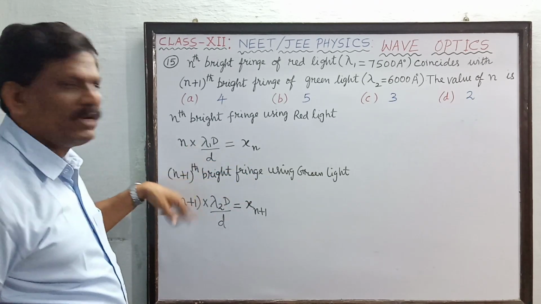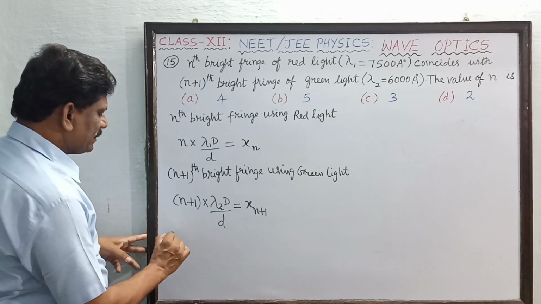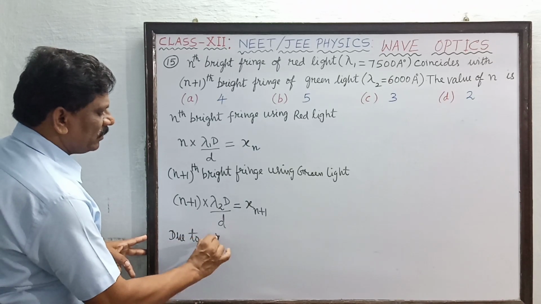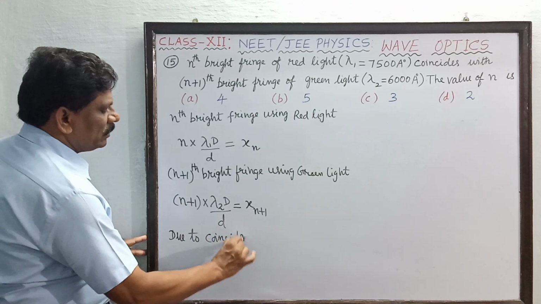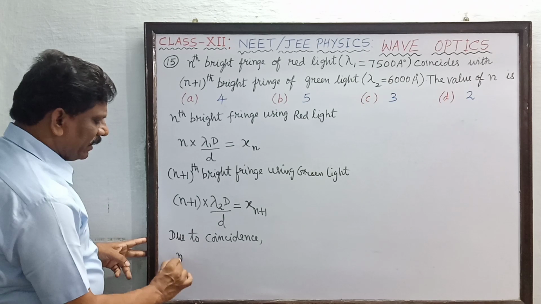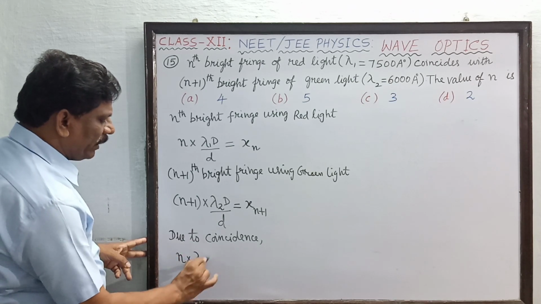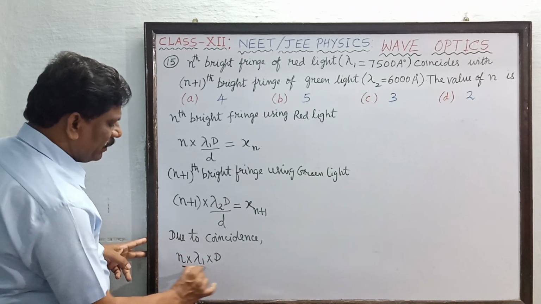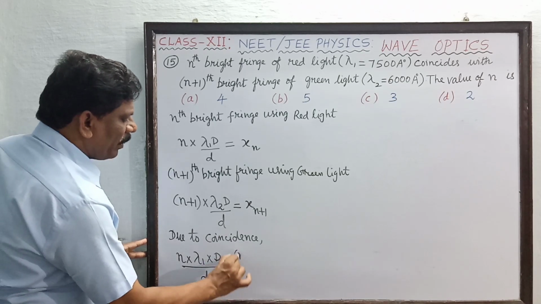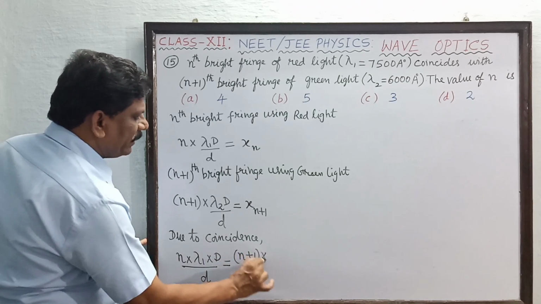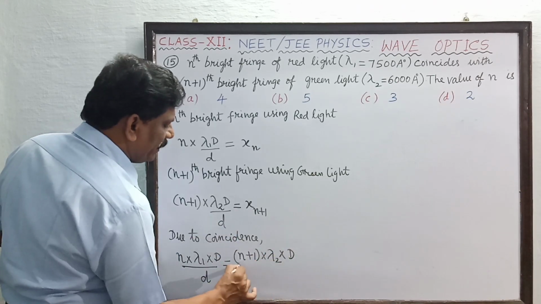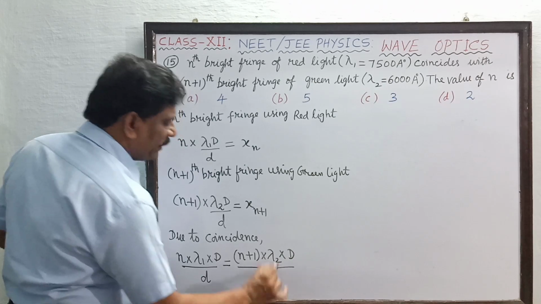So x n plus 1 for green light is coinciding with x n for red light. So I am going to equate these two. Due to coincidence, I can write n into lambda 1 into D divided by small d is equal to n plus 1 into lambda 2 into capital D divided by small d.